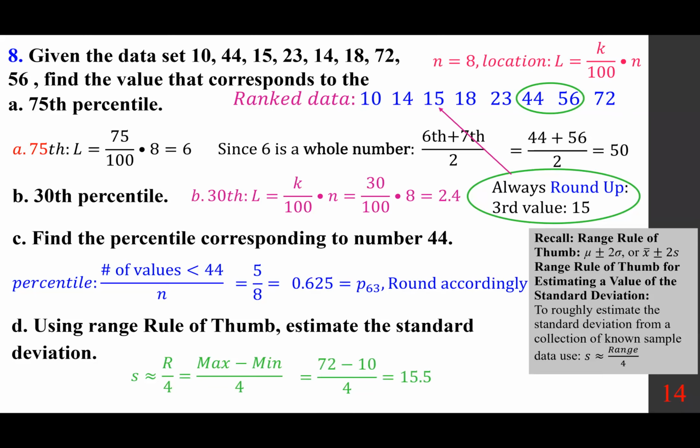The precise answer uses this formula, the square root of summation of x minus x bar quantity squared over n minus 1. You can go through that and find it. It should be close to that. Of course, it won't be equal, but it should be close.